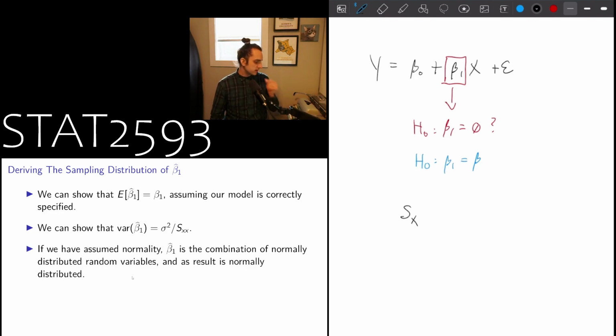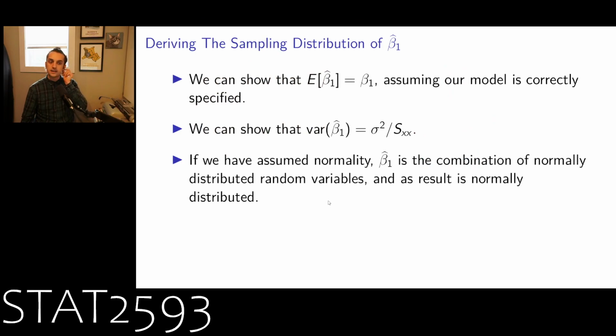So if we assume normality, then beta 1 hat is going to be a combination of normally distributed random variables. And any combination of independent normally distributed random variables is also going to be normally distributed. And so if we assume normality, then beta 1 hat is going to follow a normal distribution with mean beta 1 and variance sigma squared over the squared deviations of x.